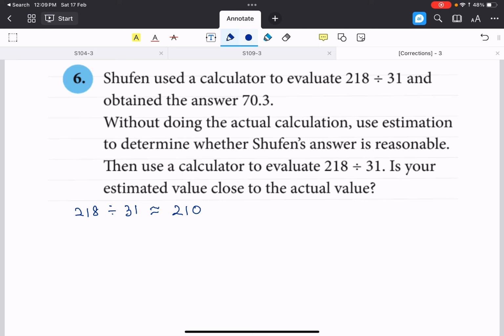It's not exactly the same, but it's close enough. Divide by 30, and that will give us 7. So obviously we say Su Fen's answer is not reasonable.